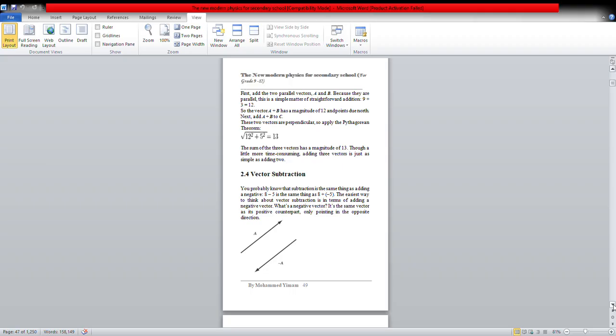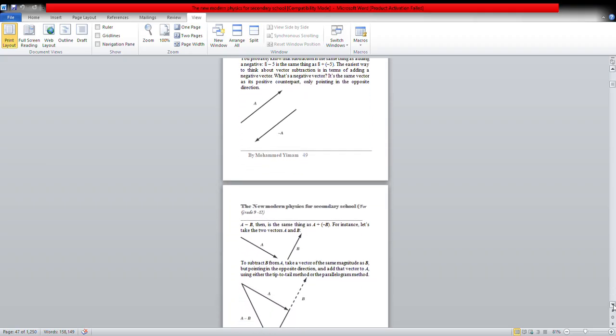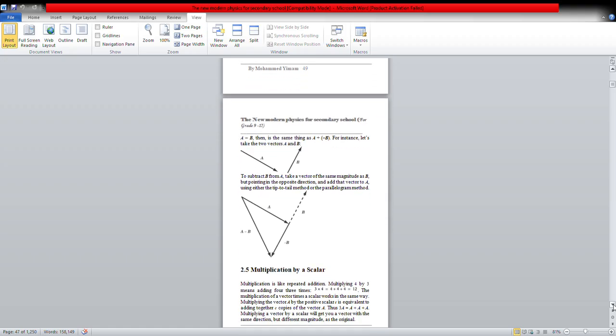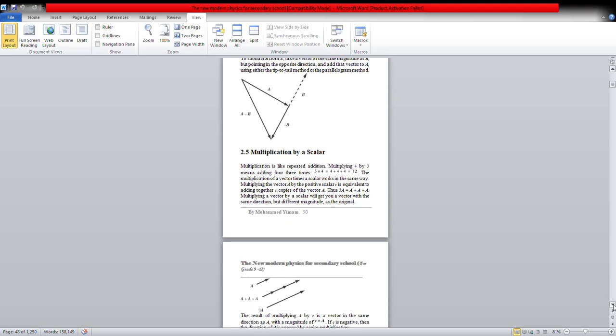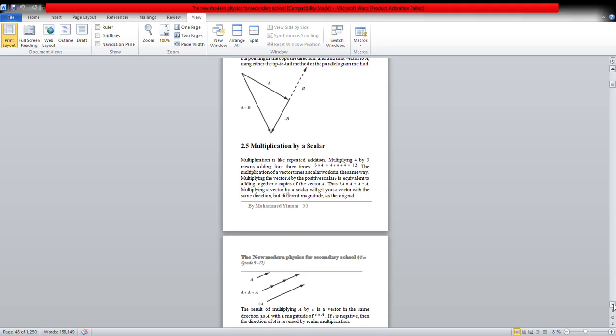Vector subtraction is similar to vector addition in the opposite direction. Multiplication by a scalar: multiplication is like repeated addition. Multiplying 4 by 3 means adding 3 numbers, that is, 3 times 4 is equal to 4 plus 4 plus 4, which is equal to 12.